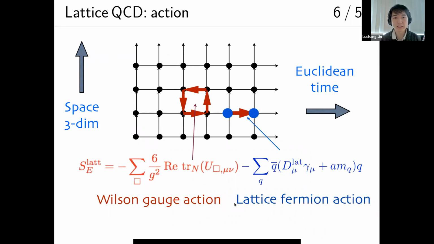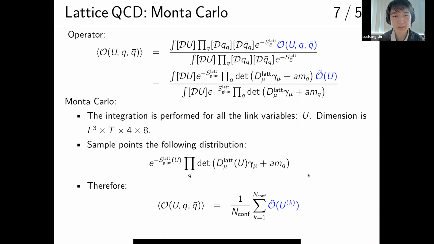So let's talk about lattice QCD. Lattice QCD can be used to calculate both of these two hadronic contributions. We discretize space and time and put the gauge fields on the links and the fermions on the points. We have the gauge action and the fermion action. Once we discretize space and time, we can do path integrals over the Grassmann variables for the fermions and the gauge variables for the gauge bosons.